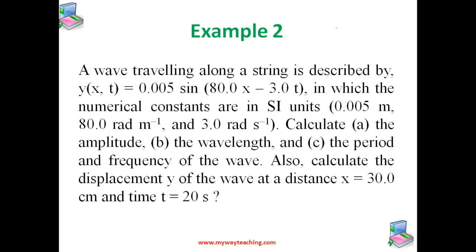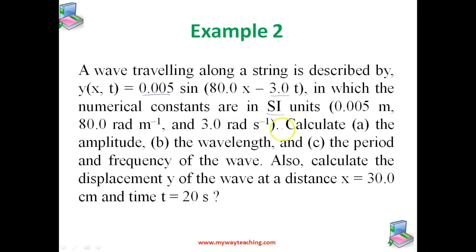Now let us see one simple example here. A wave traveling along a string is described by y of x comma t is equal to 0.005 sine (80x minus 3t), in which the numerical constants are in SI units, that is 0.005 meter, 80 radians per meter and 3 radians per second.